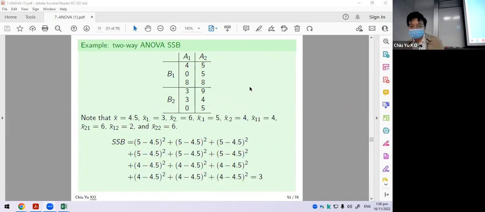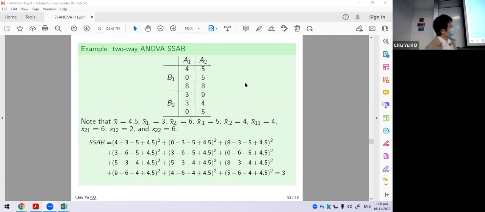Now, this is SSAB. SSAB is just a little bit tricky. For AB, look at the last item, you add this here. And look at the first item here.